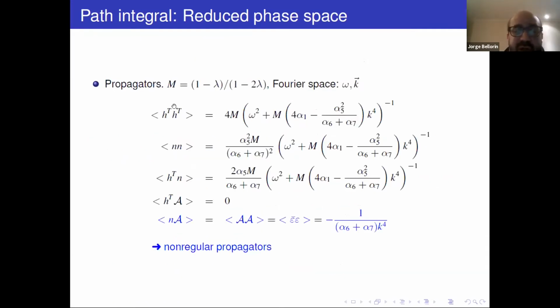And the result is that most of them take a regular form, in particular, the last function takes a regular form. But the new variables we have introduced in the process of incorporating the second-class constraint into the path integral yield non-regular propagators, and you can see this because they do not depend on the frequency.